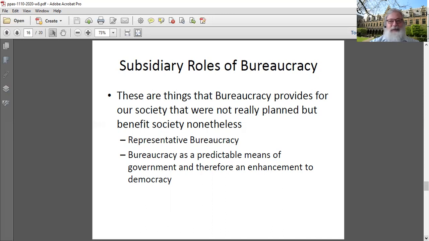Second, to the extent bureaucracy is representative of the people it serves, it also ensures that those opinions have a better chance of being incorporated into public debate. So it's not surprising that, for example, when the tax system was created and the first sales taxes were created, certain products were exempted because they were seen as essential for daily life.